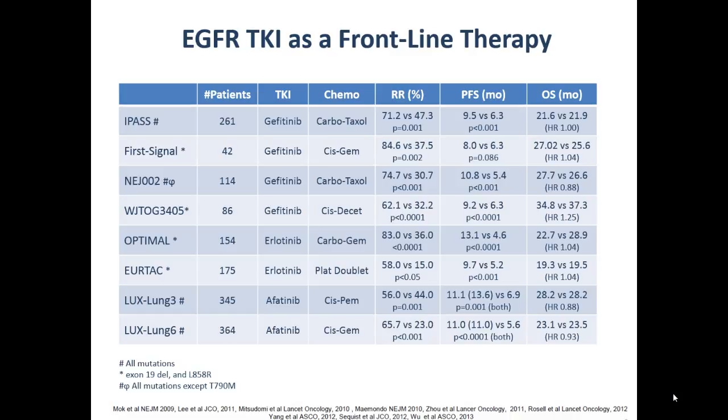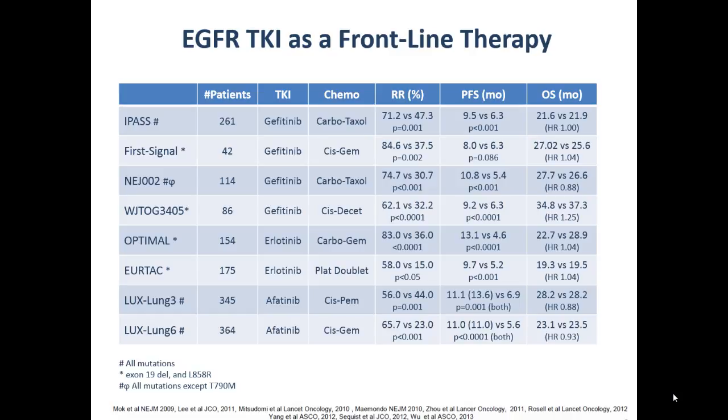You see the names, the number of patients, and the drug used: either Gefitinib, Erlotinib, or Afatinib, meaning either first or second generation. The control arm was the classical platinum-based doublet, which is historically what our standard of care was at the time, and still is if no mutation is present.